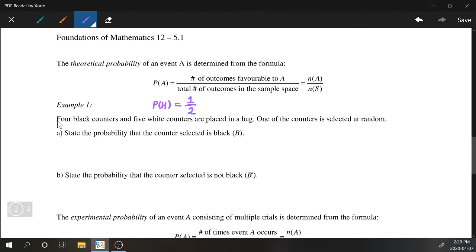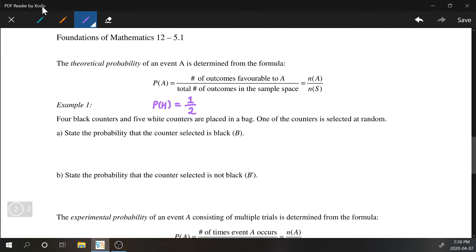Okay, so we're going to have more examples of events that are created by ourselves. So look at this one right here, example number 1. It says 4 black counters and 5 white counters are placed in a bag, and then we draw a counter at random.